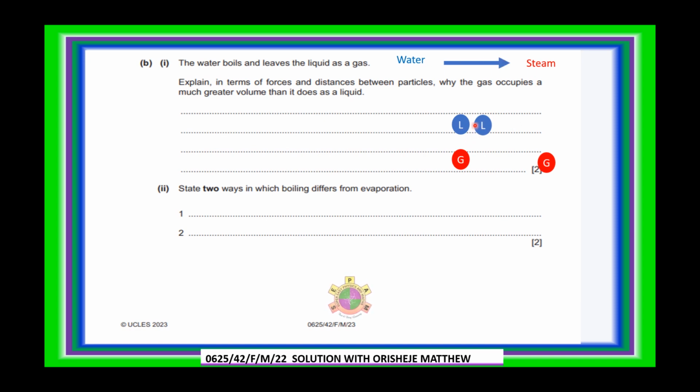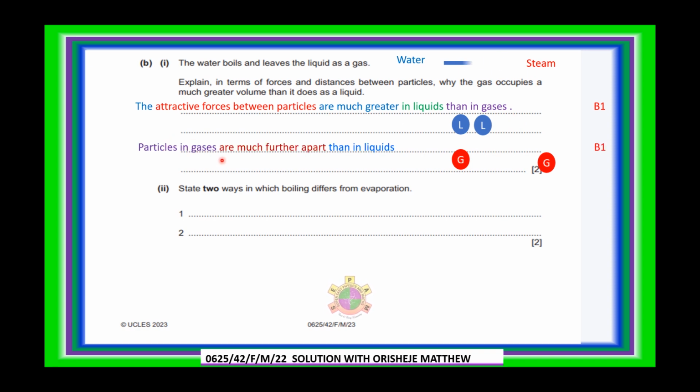But for gas, the force of attraction between particles is weaker compared to that between the water particles in liquid. So the attractive force between particles in a liquid is much greater than in a gas, and particles in gas are much further apart than in liquid. These are the 2 major points you can state.